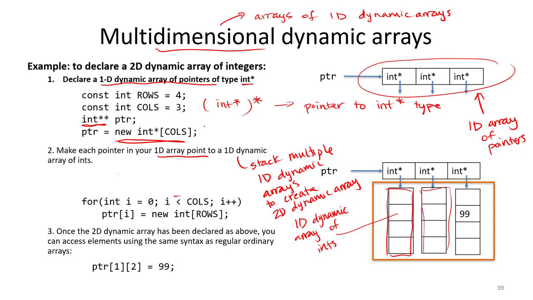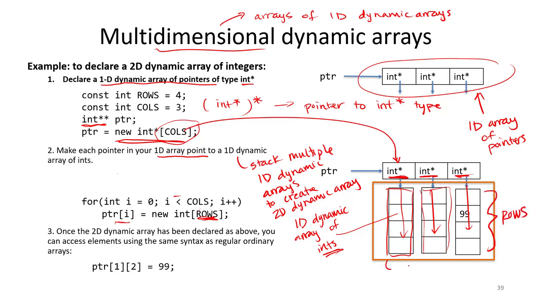Notice that we use the number of columns to specify the size of our int array, and then we use the number of rows to specify the size of our 1D dynamic arrays. That way we end up with rows and columns in our 2D dynamic array.